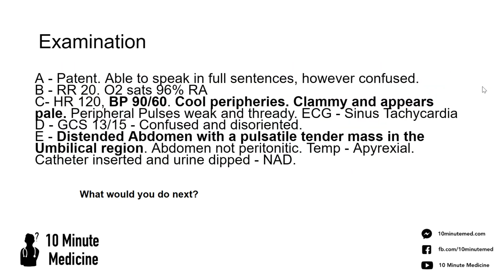Always approach patients with an A to E approach, especially when they are sick. In terms of his airway, he's patent, he's able to speak full sentences, however he's confused. His respiratory rate and O2 sats are normal, and his chest is clear.